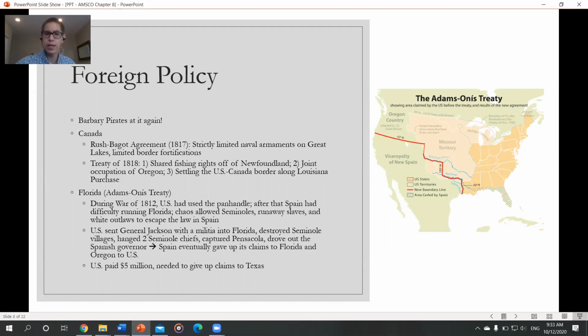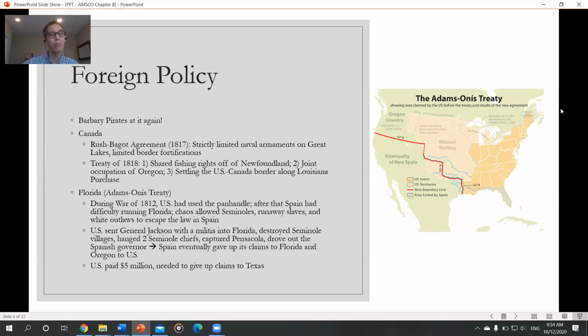In terms of negotiations with Canada, there's something called the Rush-Bagot Agreement that was trying to limit conflict in the Great Lakes, or limit conflict between America and Canada to make conflict less likely. The US and Canada also decided they would have shared fishing rights off of Newfoundland.